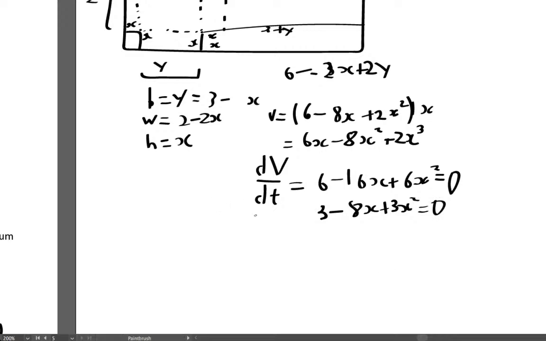So I will use a variant that I love, but this thing is still the same. It's negative b, which is negative of negative 8. B is negative 8, so that's 8, but I will take it by dividing it by 2, plus or minus the square root of b squared.